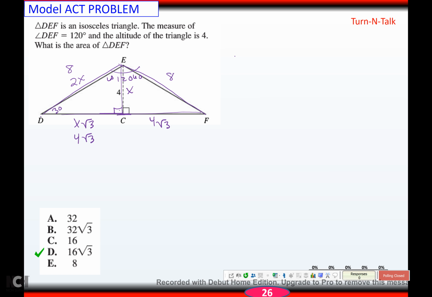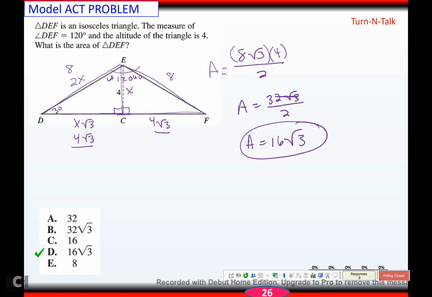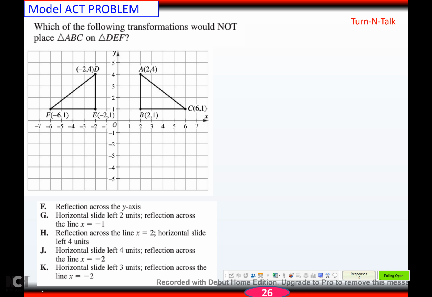So my base is going to be 4 square roots of 3 plus 4 square roots of 3, which is 8 square roots of 3, times my height, 4, divided by 2. Well, that's going to give me 32 square roots of 3 over 2, which gives me 16 square roots of 3. Okay? Try this one, hit pause, come back when you're ready.